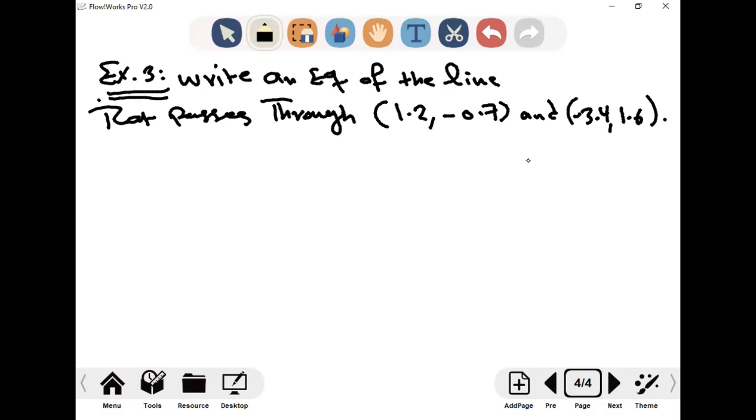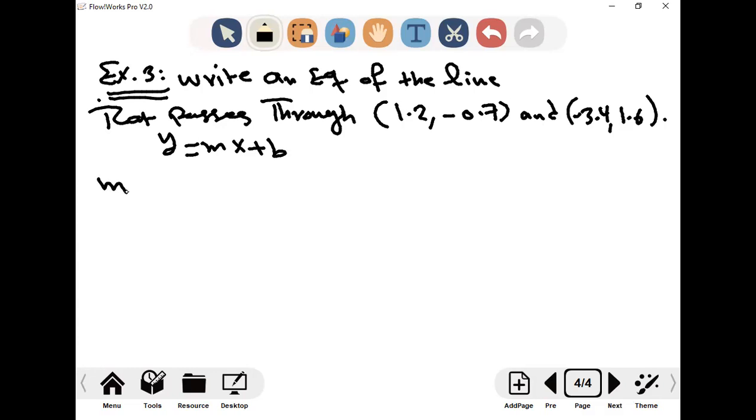In the previous one, m was given, but here m is not given. So the first step, I need to find m. Second step, after we find m, I will use the previous idea with one of the 2 points to find b. First step, write the formula y equals mx plus b. Before, m was given. Now it's not, I need to find it by using the formula.